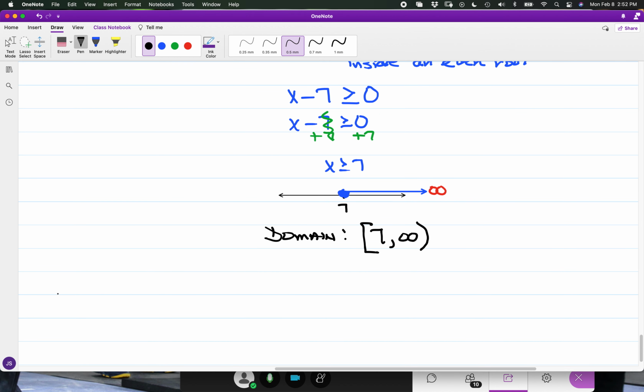And just kind of serving as a reminder, if we have, let's say, f of x is equal to the square root of 8 minus 2x. Again, for the same reason, we have the encounter with an even root radical.